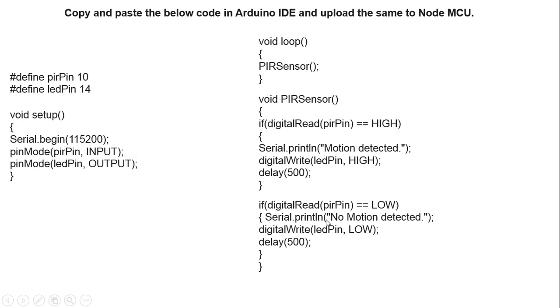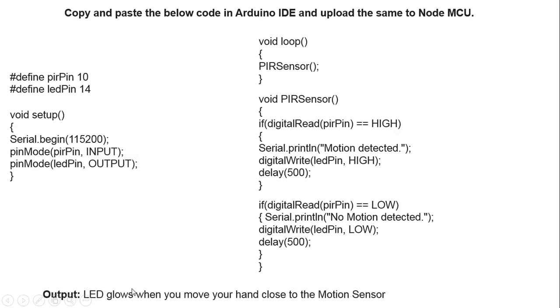Then Serial.println prints "no motion detected" on the serial monitor output. And at that time the LED will go low, or off. The LED works as an output, so digitalWrite, where W should be capital, LED_pin comma LOW, and that will be low for half a second. So this is the complete program.